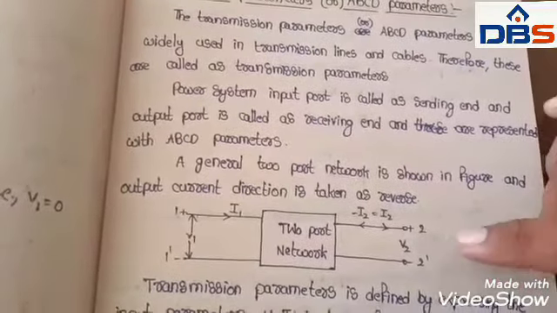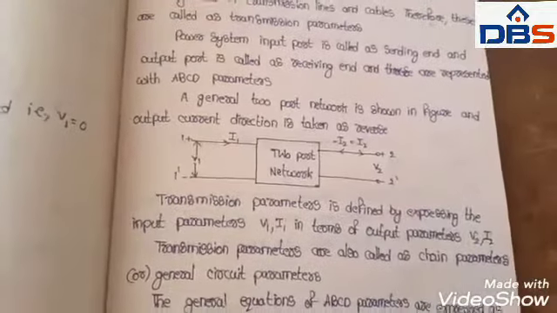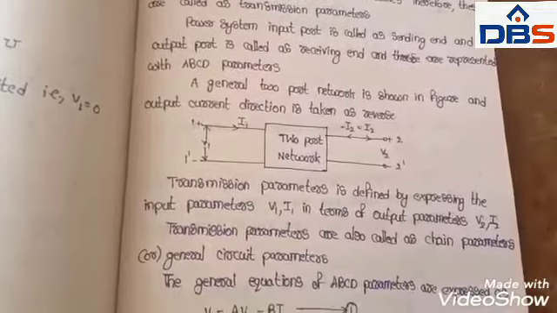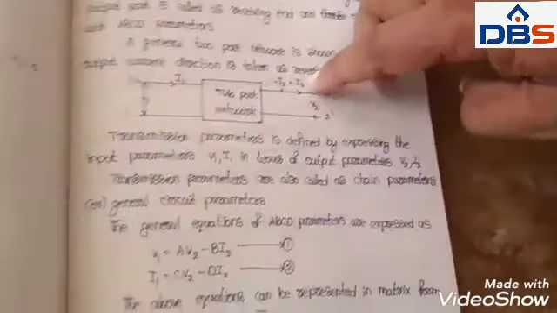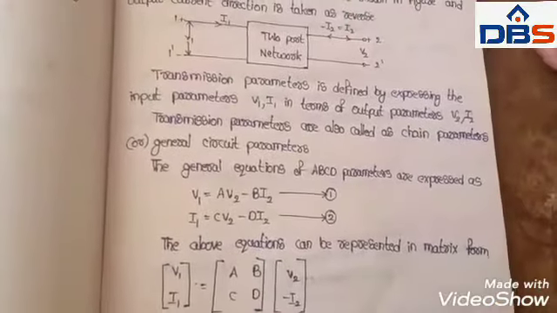So the general two-port network has, at 1 dash, current I1 and input voltage V1. Similarly V2, but I2 in reverse mode, that is minus I2.